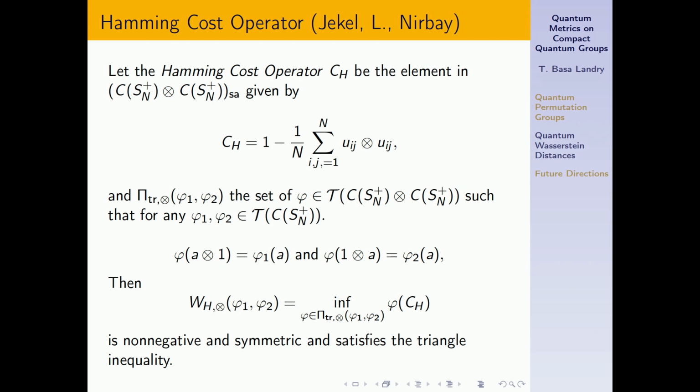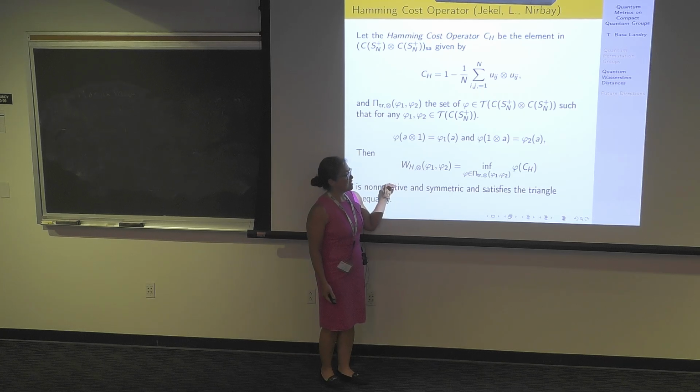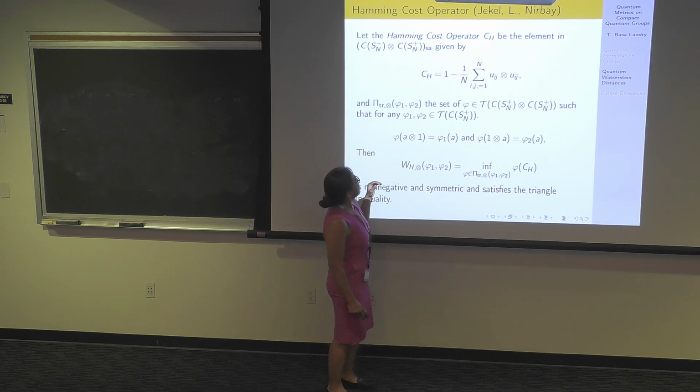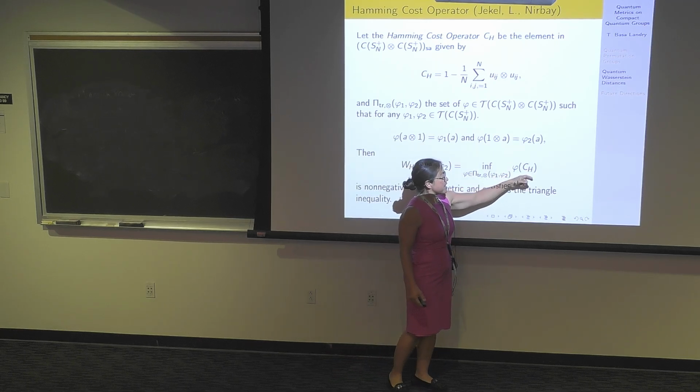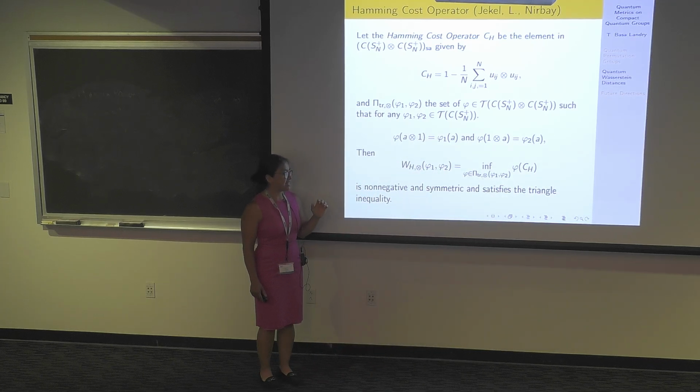So then how do we couple things? Naively, it's natural to take tensors that have this structure that recalls that of marginals in the classical case. When we define a cost in terms of the infimum over all of these tensor couplings for evaluation on this cost operator, we got that it's non-negative and symmetric.